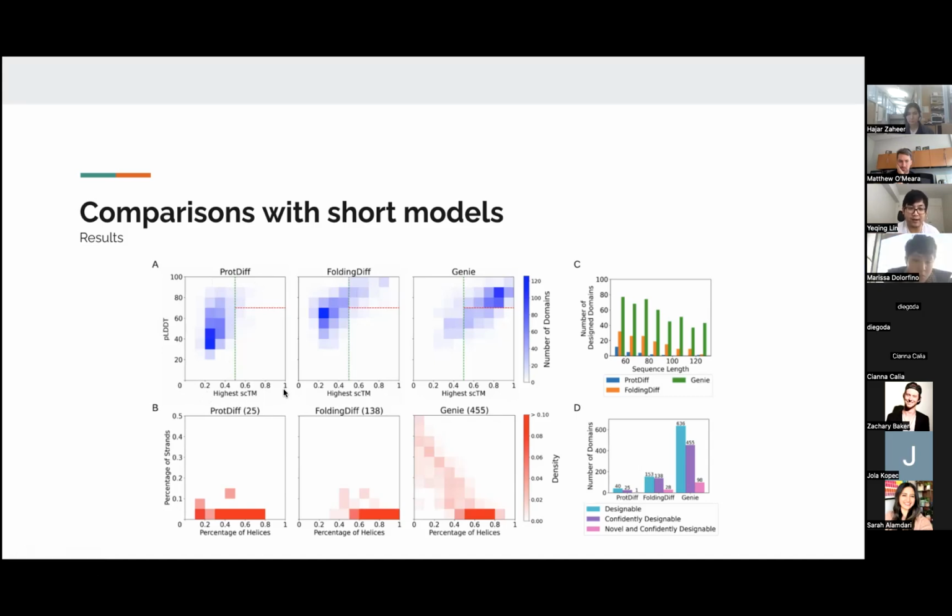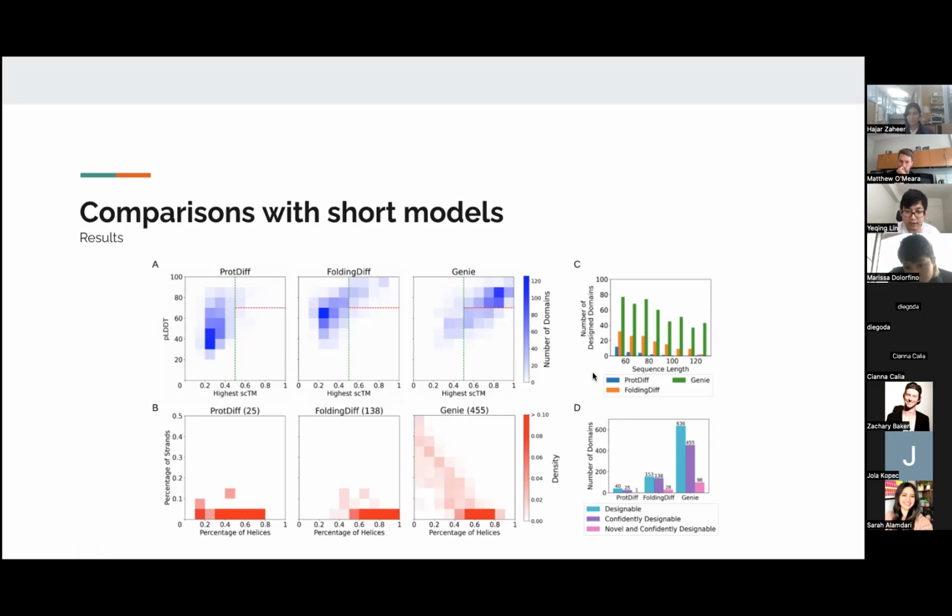So the higher the better. Ideally we want it to the left of the green dotted line. And pLDDT is the confidence, so we want it to be above 70, which is the red dotted line. As you can see, the majority of the structures Genie generated actually fit this designability criteria.